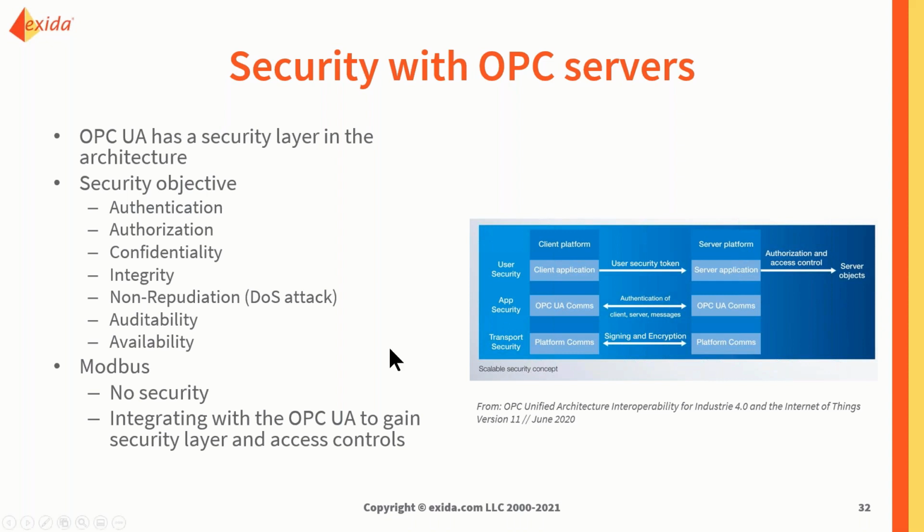So by layering a top layer onto the Modbus, you can actually integrate these kind of security layers and access controls like encryptions, authentications, and security tokens in order to introduce such kind of security into the Modbus situation. So that's a very brief idea of how cybersecurity works.